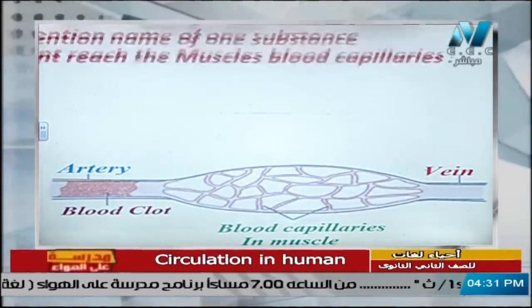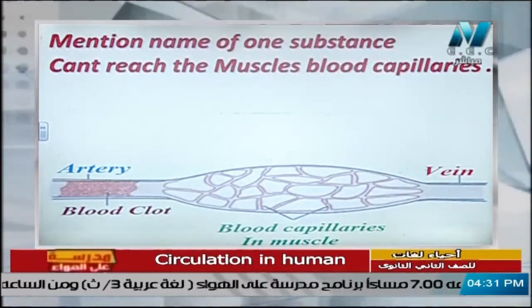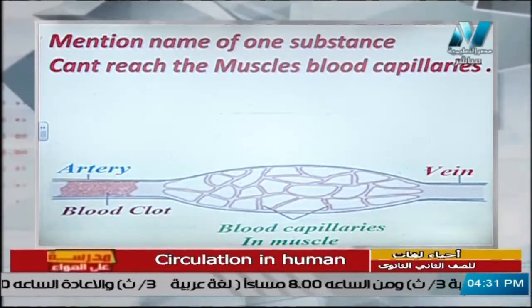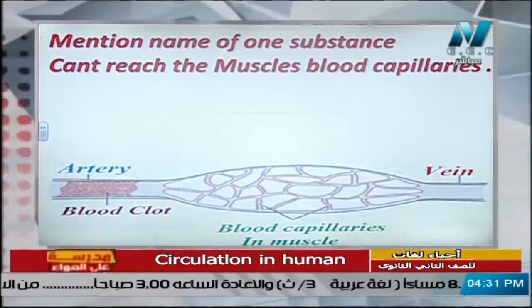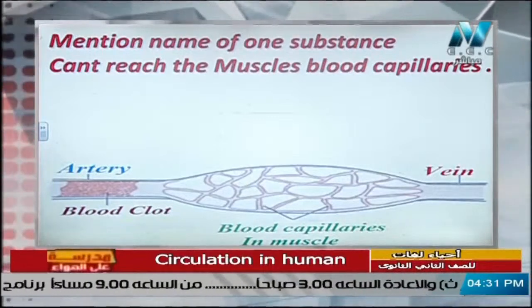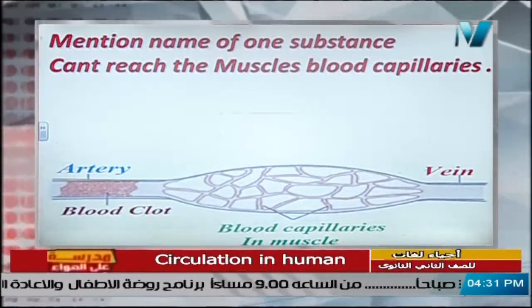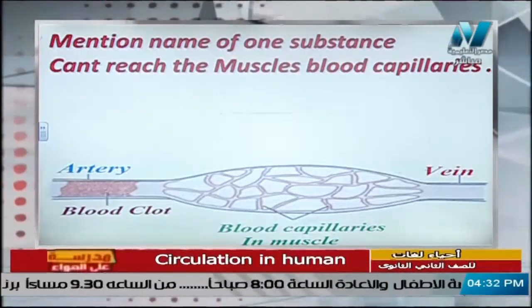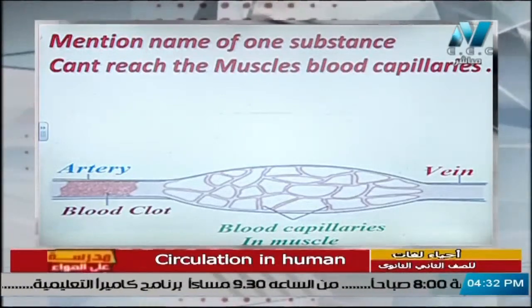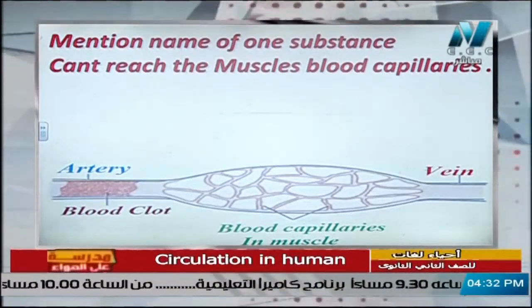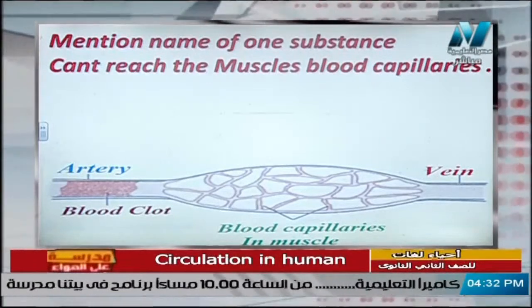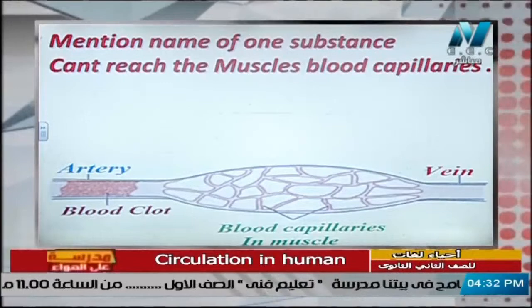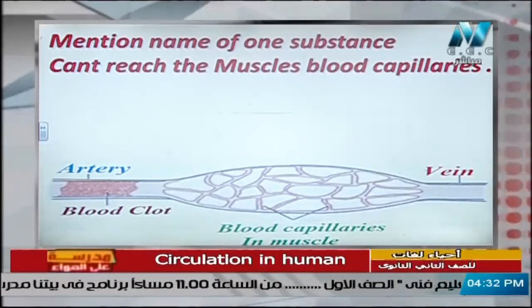In this question, mention the name of one substance that can't reach the muscles' blood capillaries. We see in the drawing the blood capillaries in the muscles in green color. The left side is an artery, the right side is a vein, and we have a blood clot in the artery. It says mention the name of one substance that can't reach the muscle blood capillaries.